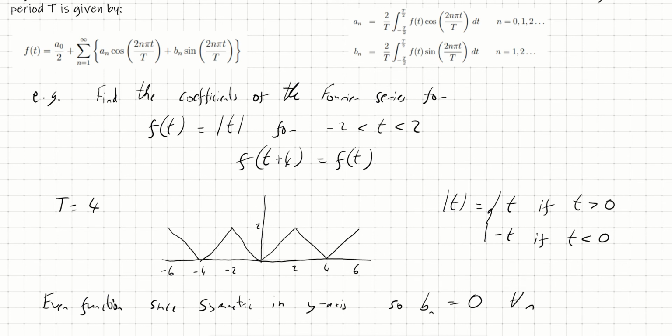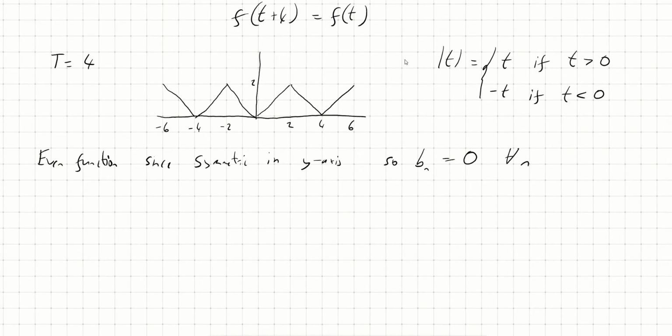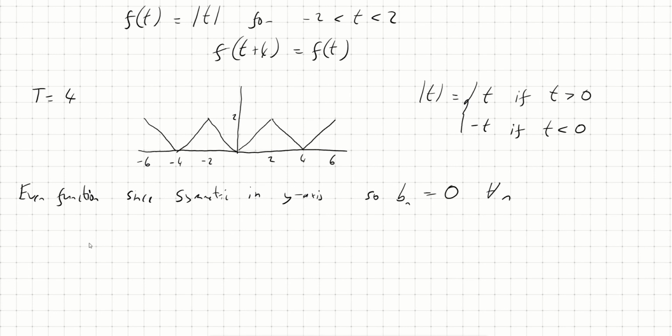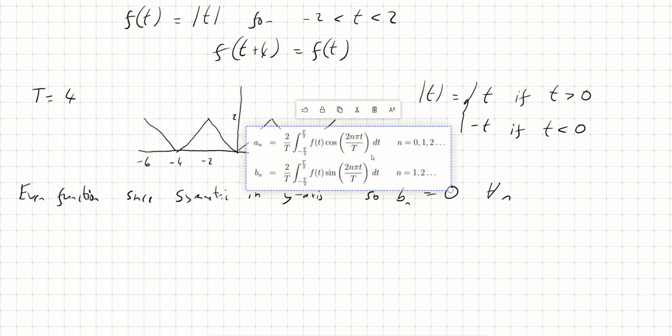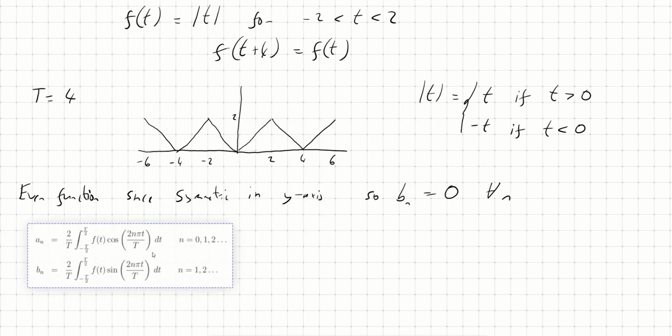You could calculate the bn's if you want, just to check, but save yourself some time, note it's even, and then you don't have to calculate the bn's. So we're only going to need to calculate the an's. So let's just copy this formula down, just to make it easy to refer to.